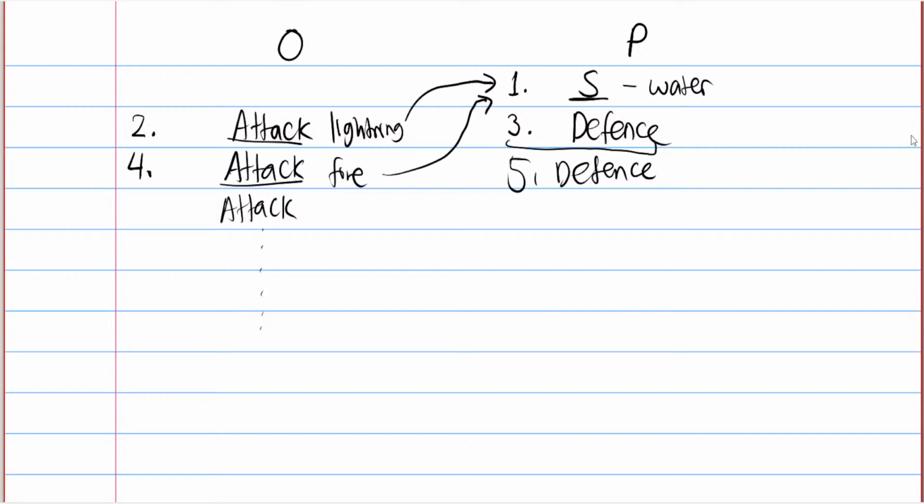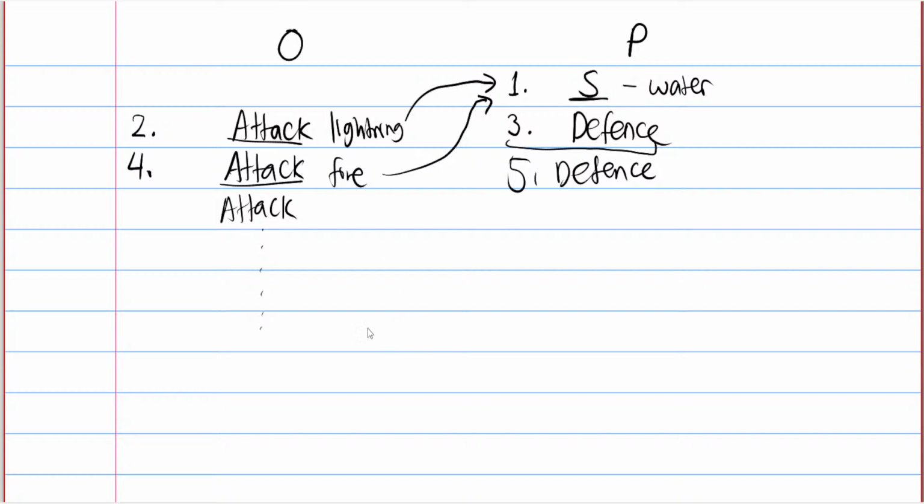Now, why is this important? Why are we learning about this? It's because if we analyze this interaction between O and P, and after analyzing we can figure out who wins and who loses, that information is the same thing as saying whether or not S is true.